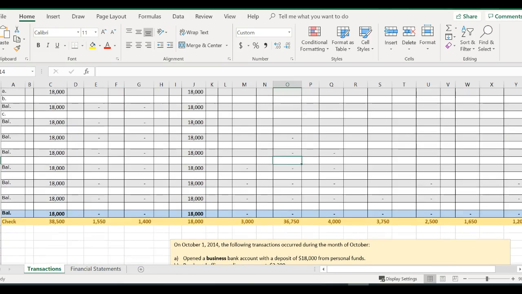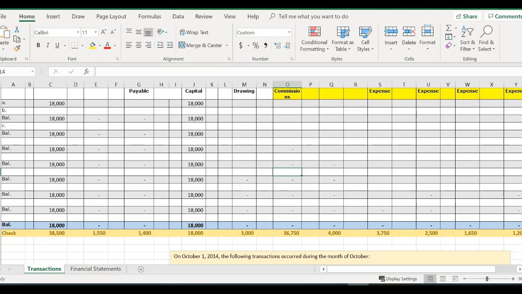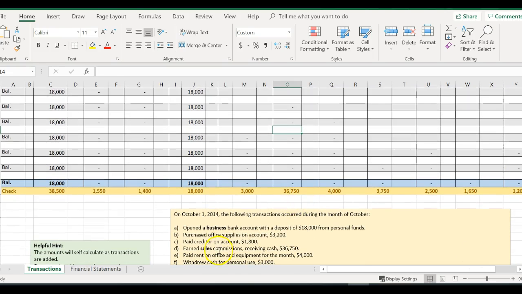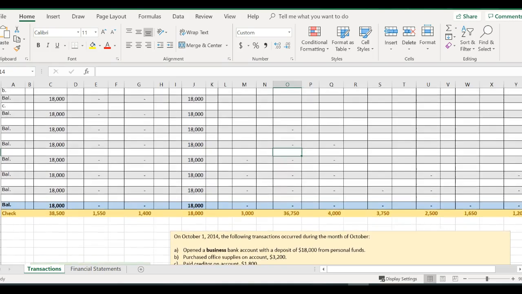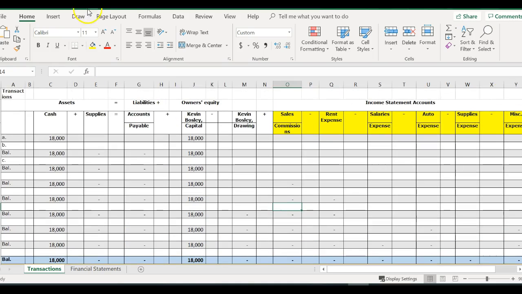So the very first one says we open a business bank account with a deposit of $18,000 from personal funds. So now remember, we have to do both sides here. And this is assets, and these are assets equal liabilities and owner's equity.